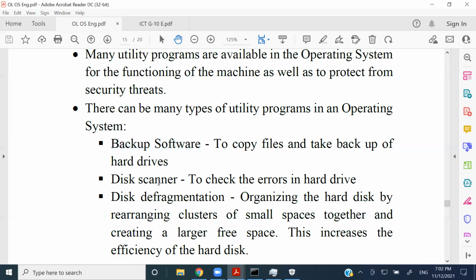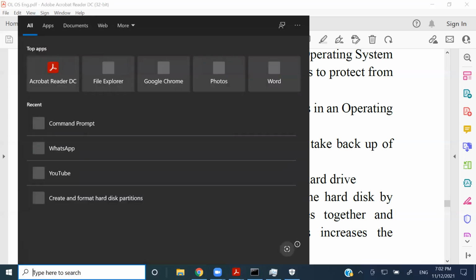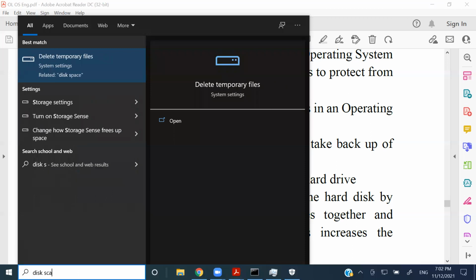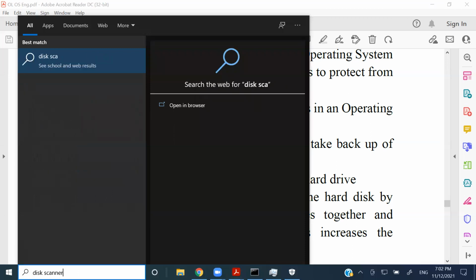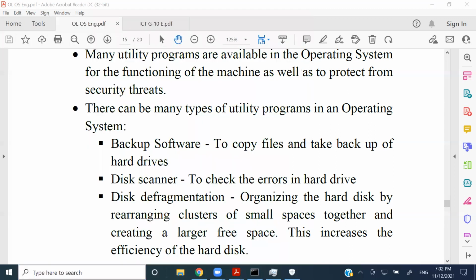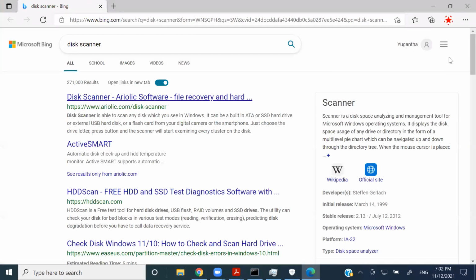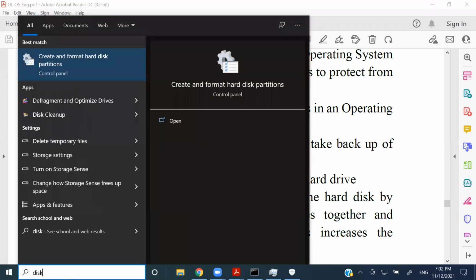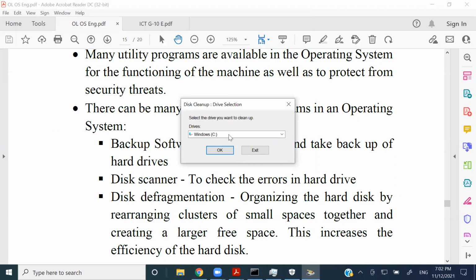And disk scanners, right? This disk scanner will help you to check the errors in your hard drive. If you search this scanner, yeah, it is not given here as the disk scanner. Hold on. It is under disk management, I think. Yeah, disk cleanup, right?